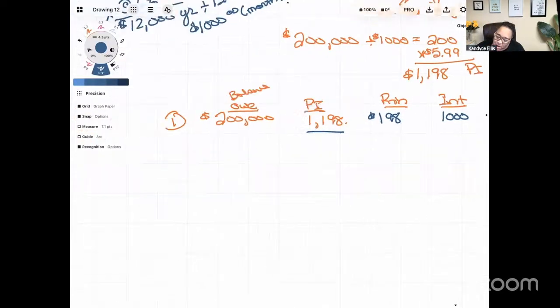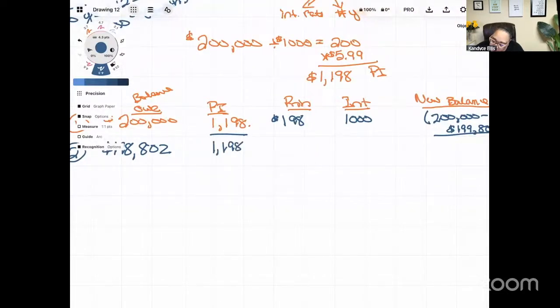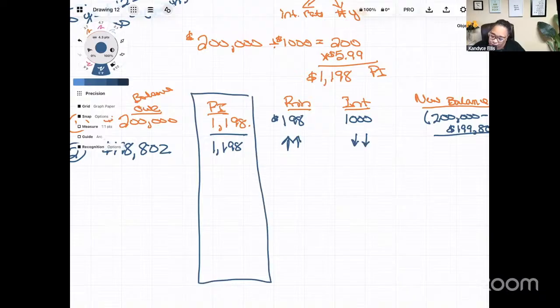And then the next month, your balance is 198,802. But you made a payment of 1198. Remember how much you paid towards principal goes up and how much you pay towards interest goes down. This isn't supposed to necessarily be a math class, but what never changes is this principal and interest amount.